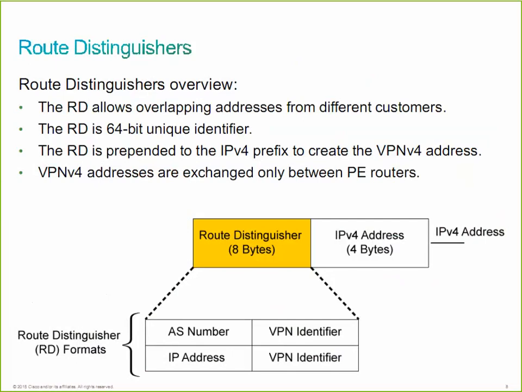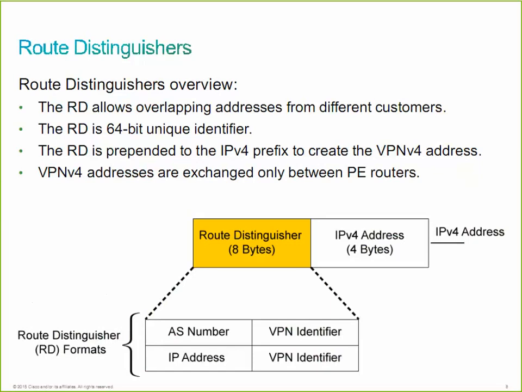The P routers are simply there to allow the PE routers to communicate to each other. And if the client is participating in some sort of secondary VPN that the provider is providing, then there might be some communication with the P routers and the customer in that case. But the prefixes themselves, the ones that we're getting from the client, those get propagated to other PE routers using MPBGP.